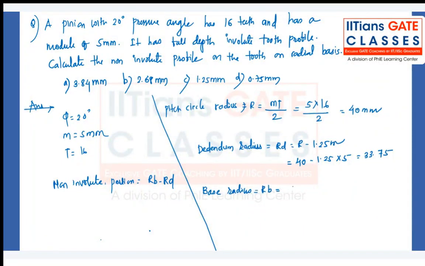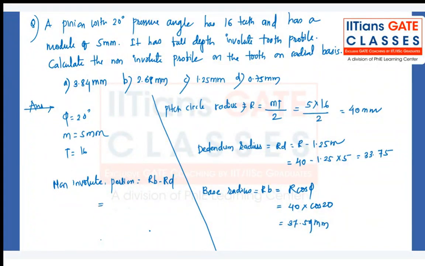Base circle radius RB is R cos phi, which is 40 cos 20. 40 into cos 20 is 37.59 millimeter.